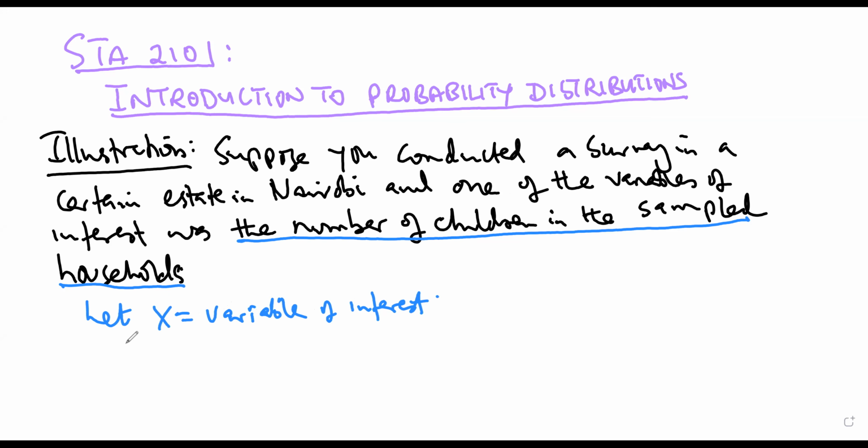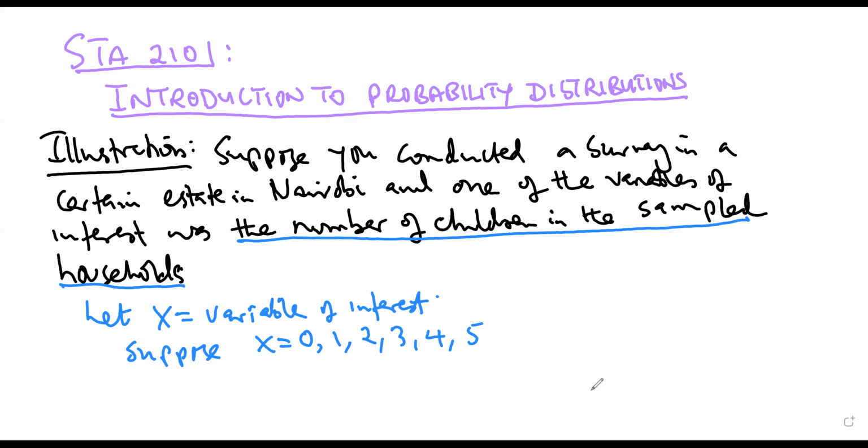And let's suppose, for the sake of illustration, that X takes these values. The number of children, suppose some families have 0 children, others 1, 2, let's say up to 5.